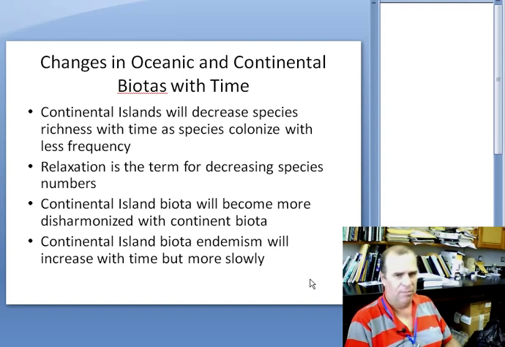Continental island biota endemism, however, will increase with time, but that will take much more time. It'll increase slowly as the mutations build up. Something like Madagascar, which represents a continental island, gives you a good idea of how endemism can build up over time. Madagascar was a continental island.